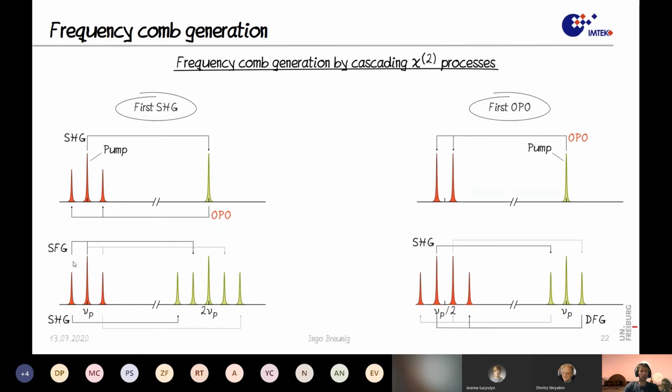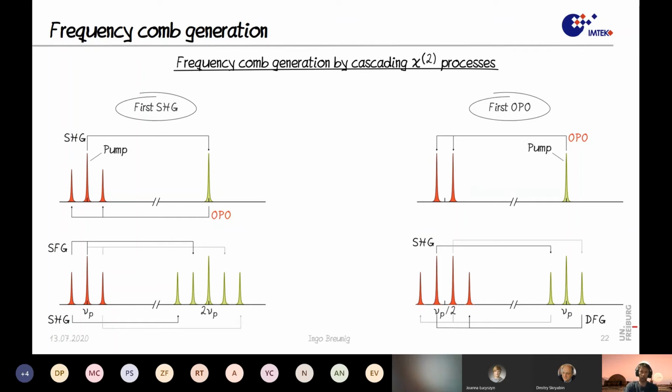Then these sidebands are converted to sidebands around the second harmonic, via some frequency mixing and via second harmonic generation. And then there will be another cascade via difference frequency generation, which increases the width of the comb around the pump.